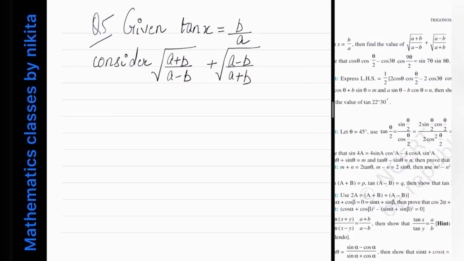Okay, now first of all I can write this as, separate the root. So root of (a plus b) divided by root of (a minus b) plus root of (a minus b) divided by root of (a plus b).